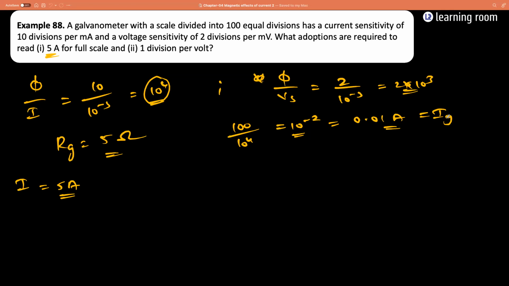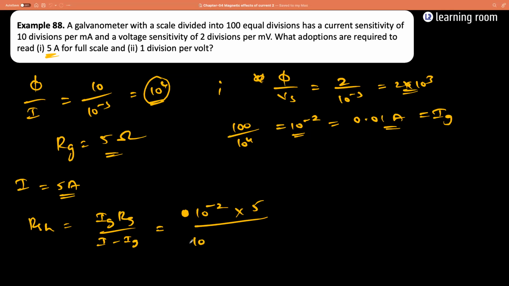Calculate, tell me, what is the resistance you need to connect? Shunt resistance is equal to IG into RG divided by I minus IG. So IG is 10 power minus 2 into RG, which is 5, divided by I minus IG, that is 5 minus 10 power minus 2.